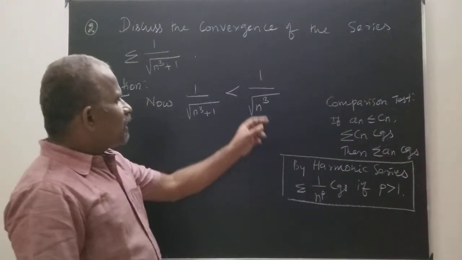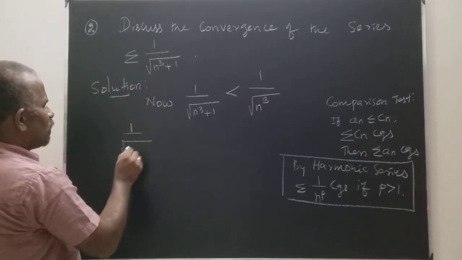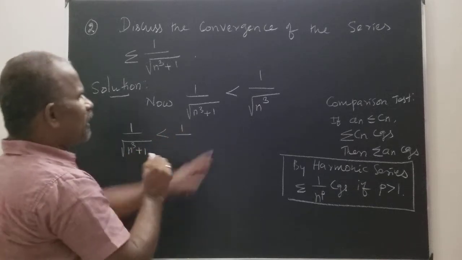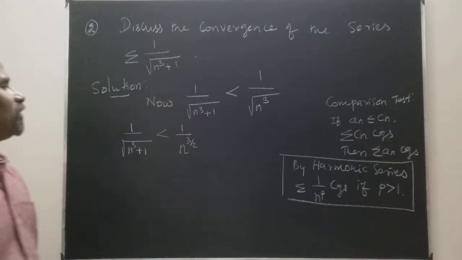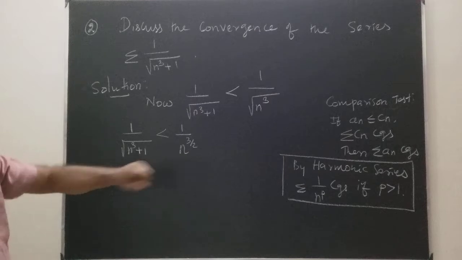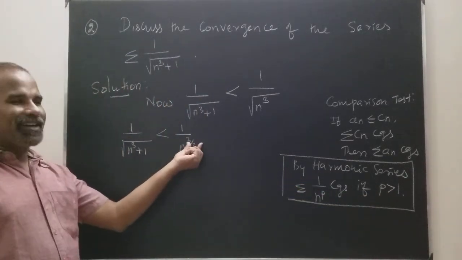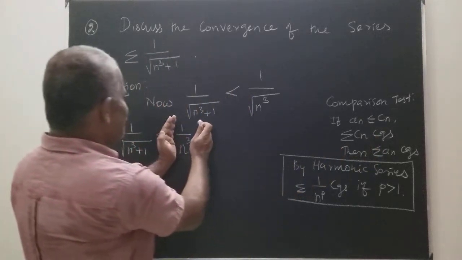What about this? 1 by square root of n cube plus 1 is less than 1 by, I can write this as n power 3 by 2. The square root is actually power 1 by 2, therefore n power 3 by 2. So n power p with p greater than 1, here 3 by 2 is greater than 1, therefore sigma cn converges.